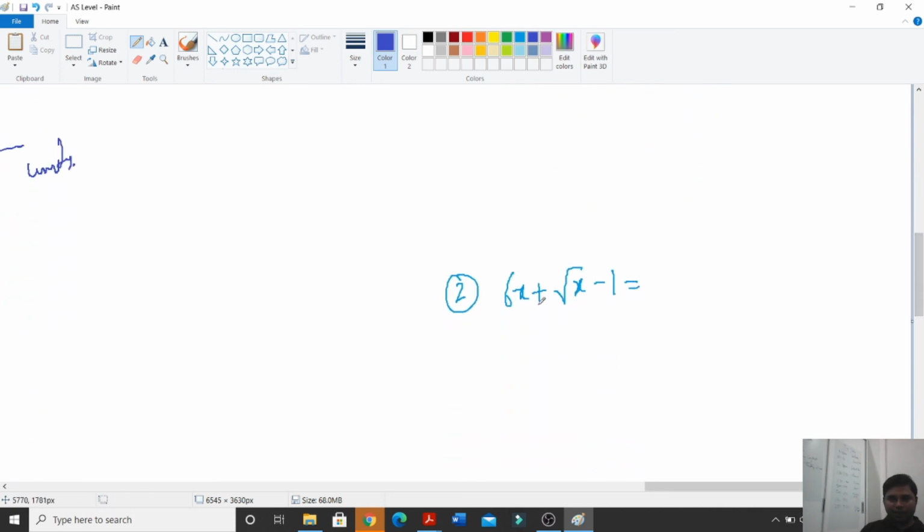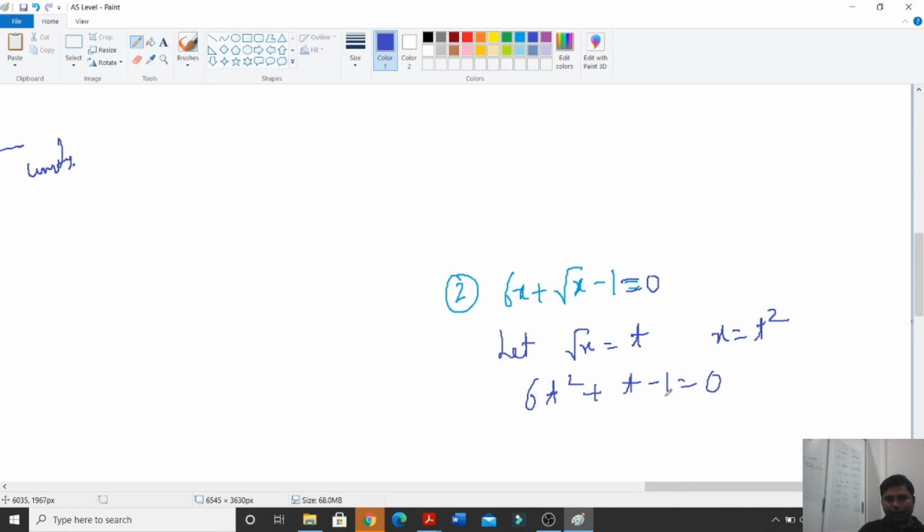Now another question. 6x plus root x minus 1 equals 0. In this case, let root x be equal to t, so x will become t square. So you'll get 6t square plus t minus 1 equals 0.